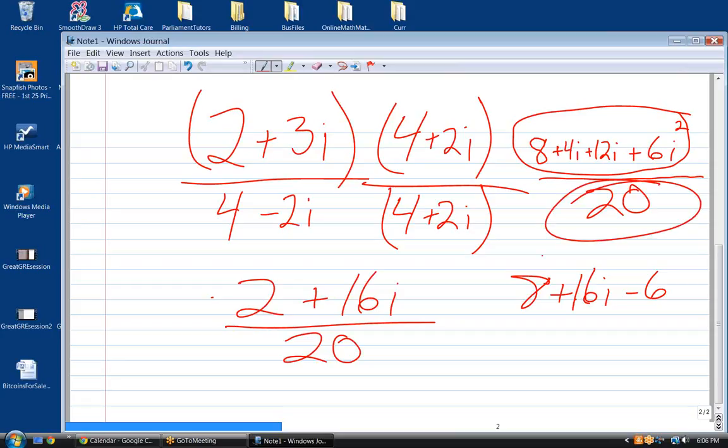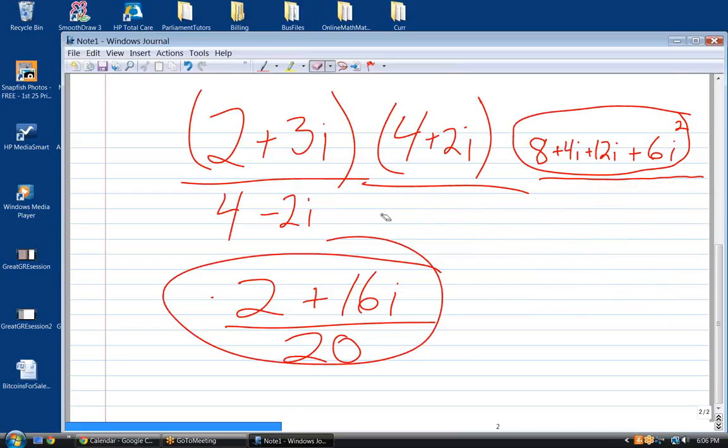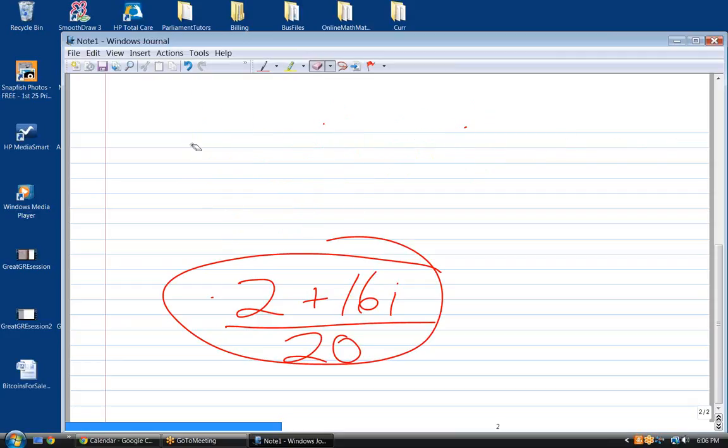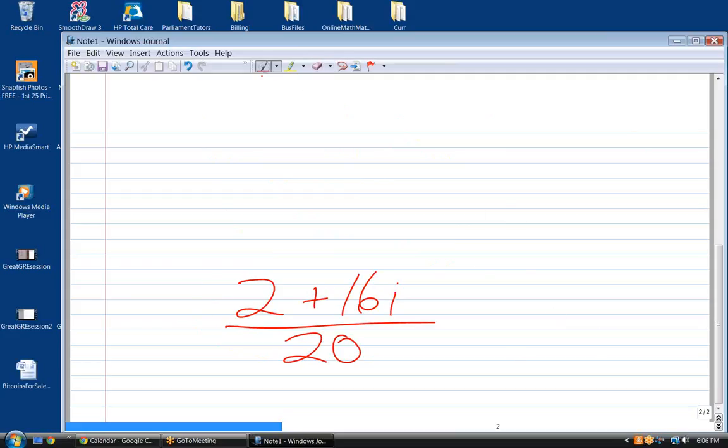Yep, right. And then that's okay unless they want it in a plus bi format. If they want it in a plus bi format, we don't have that yet. What do we need to do to this to put it in a plus bi format?